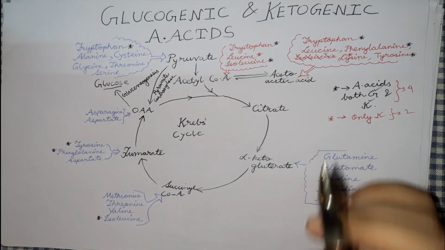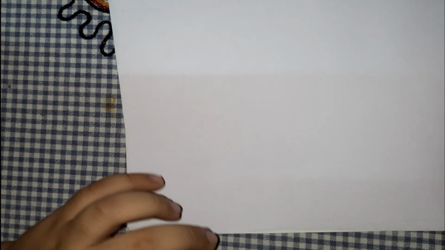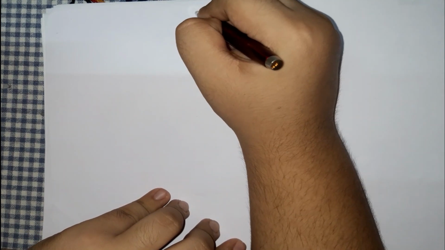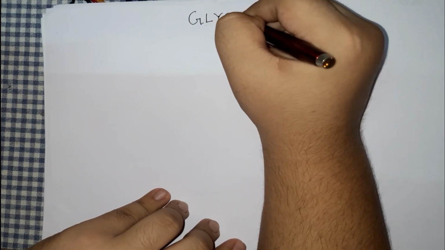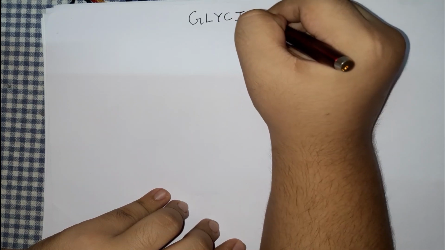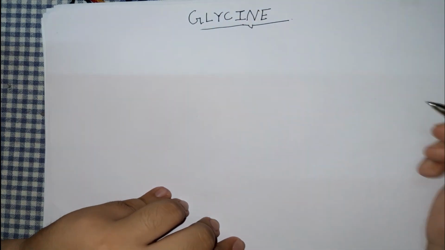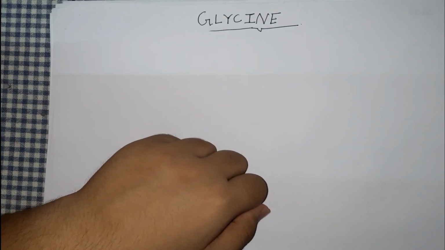All right. Now, we will be seeing the specific amino acid metabolism, and the first amino acid that we will be discussing is glycine. So we start with glycine. All right. Here's the thing.